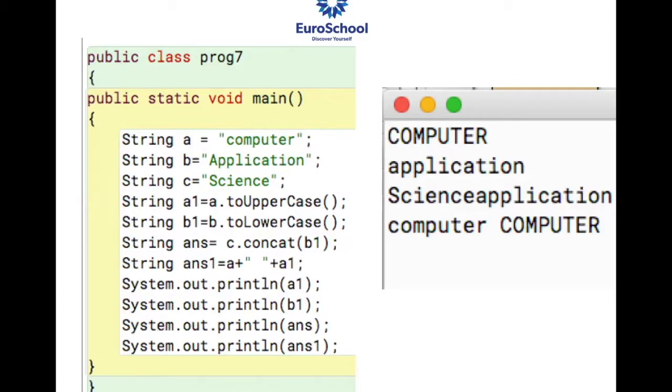Now, if you see A has got computer, which is all in small letters. Then you have got a blank space, which I have stored. And after that A1, which is all in capital letters, the variable A dot toUpperCase has been stored to A1. So your output over here is computer small, space, and computer capital. Okay, ma'am. Yeah, thank you. Okay. So Mehak, fine. Are you all clear with it? So I'll go to the next one.